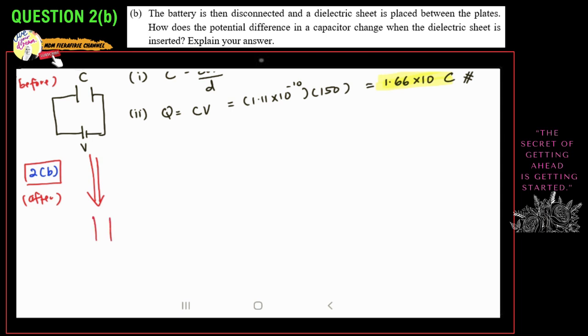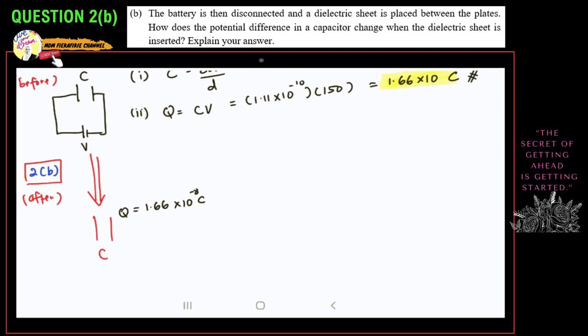This is the capacitor C, and remember that we have calculated the charge collected in the capacitor, where the charge Q is equal to 1.66 times 10 power of -8 coulomb.